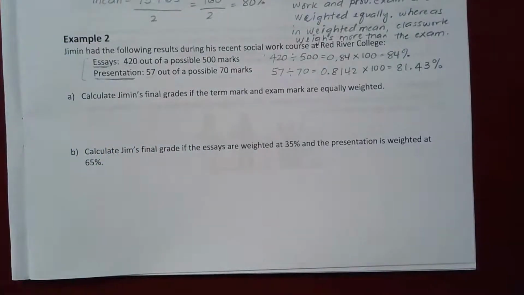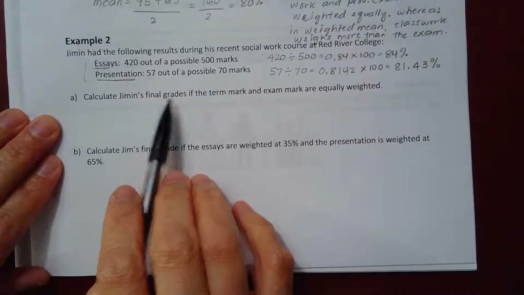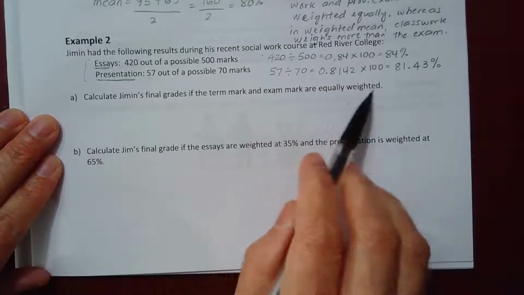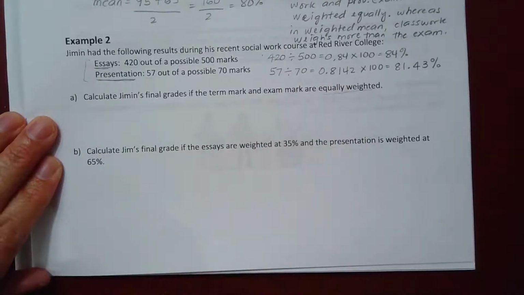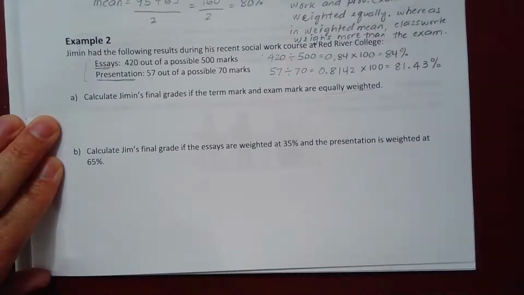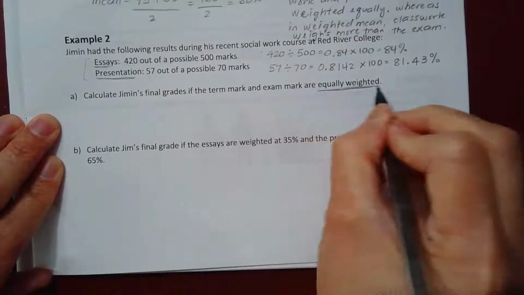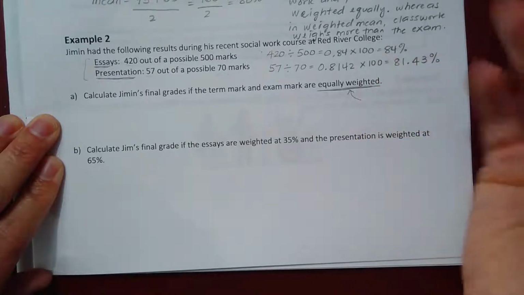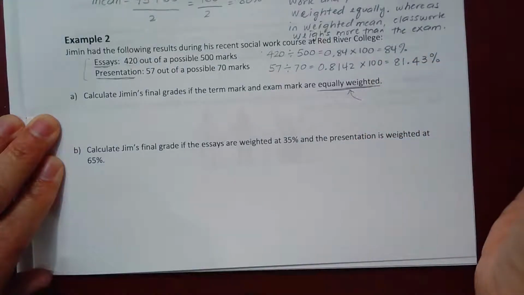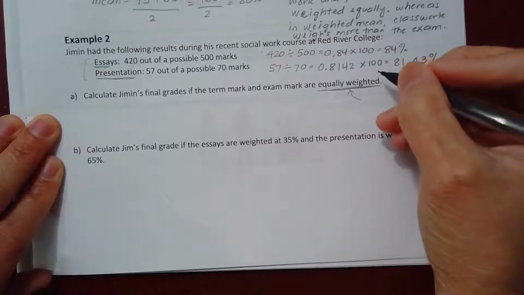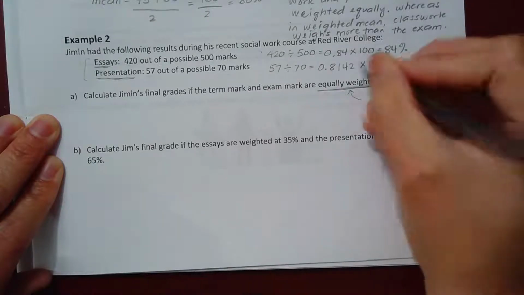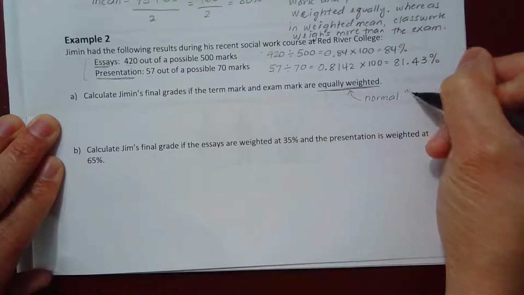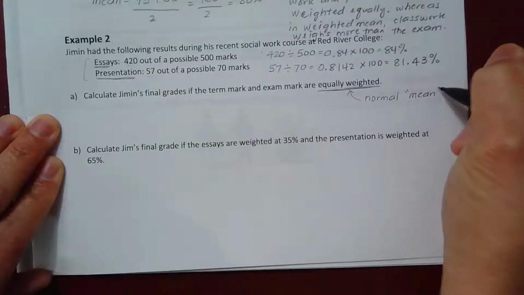Okay, so calculate Jimin's final grade if the term mark and exam mark are equally weighted. Equally weighted. So when they say equally weighted, we can say just a normal mean, or like a regular mean, right?